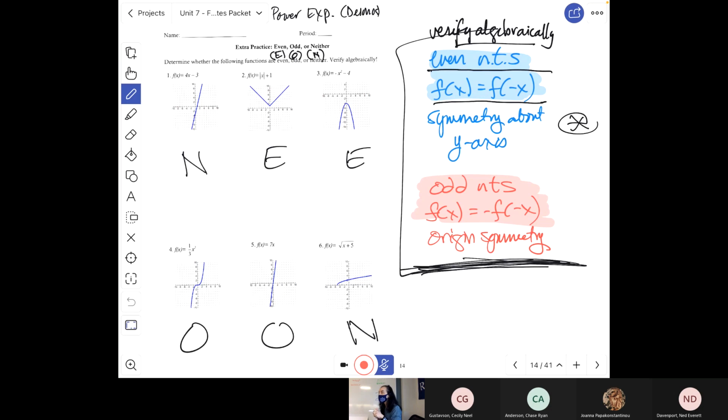So I'm telling you what I'm looking for on a quiz or a test. You have to state the algebraic identity that we're showing, show the math, draw the conclusion, and explain what the conclusion tells you about the graph.